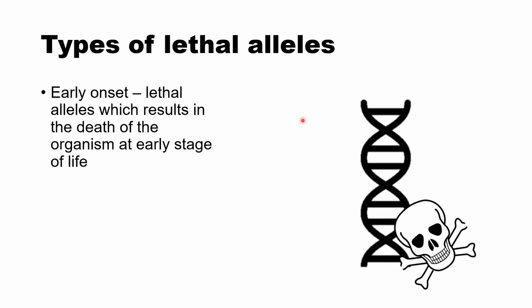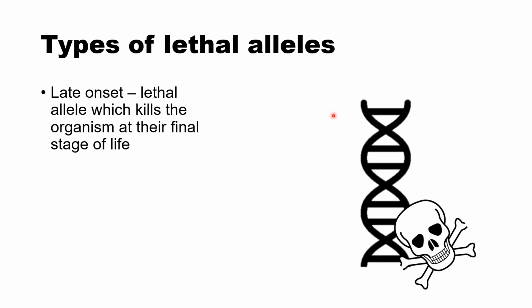So, when we say early stage of life, hindi pa pinapanganak, na nagde-develop pa lang as fetus doon sa loob, sa sinapupunan ng nanay, nagde-develop pa lang, nagro-grow pa lang, namatay na. So, that is what we call as an early onset na lethal allele. Kasi, it resulted to the death of the organism at early stage of life.